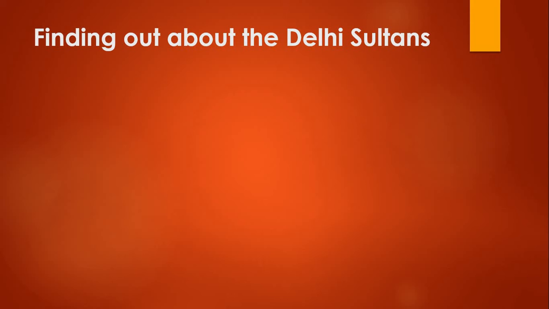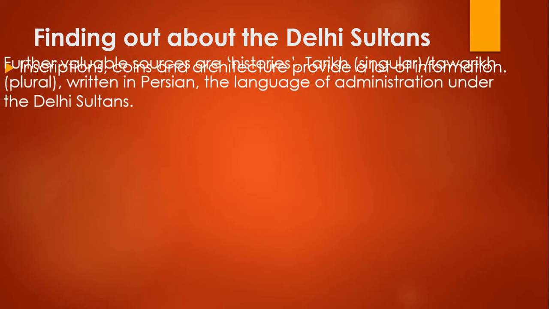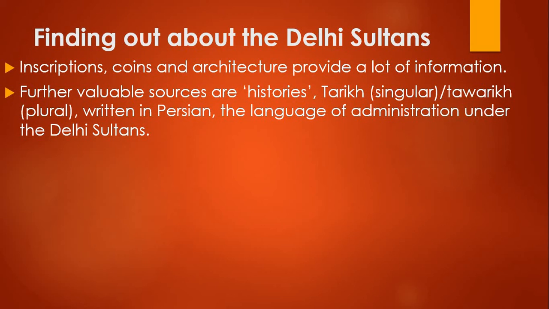Finding about Delhi Sultans, from where we get the information about Delhi Sultans. Inscriptions, coins, architecture provide a lot of information for us. Apart from that, there are other valuable sources called histories written in Persian language.